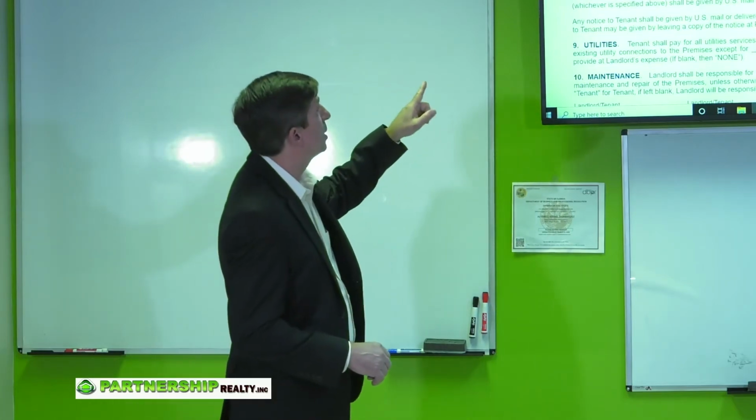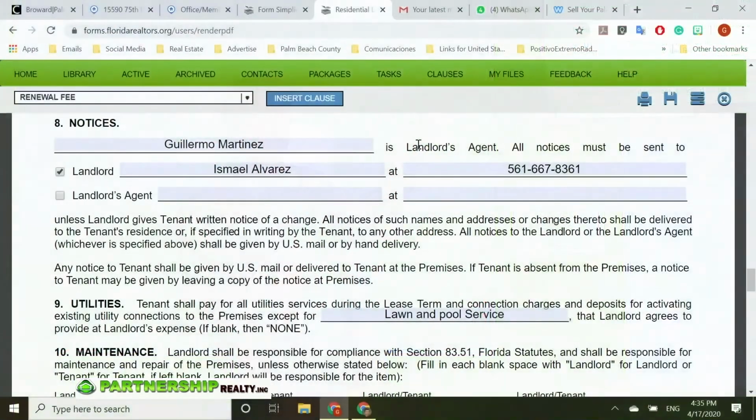So Guillermo Martinez, you're the listing agent. Your name goes up on top as the landlord's agent, and then who is the landlord? I guess I am, Ismael Alvarez. And you want the landlord's phone number in there as well, so the tenant knows that they need to get through to the landlord for any future questions or concerns that they might have.